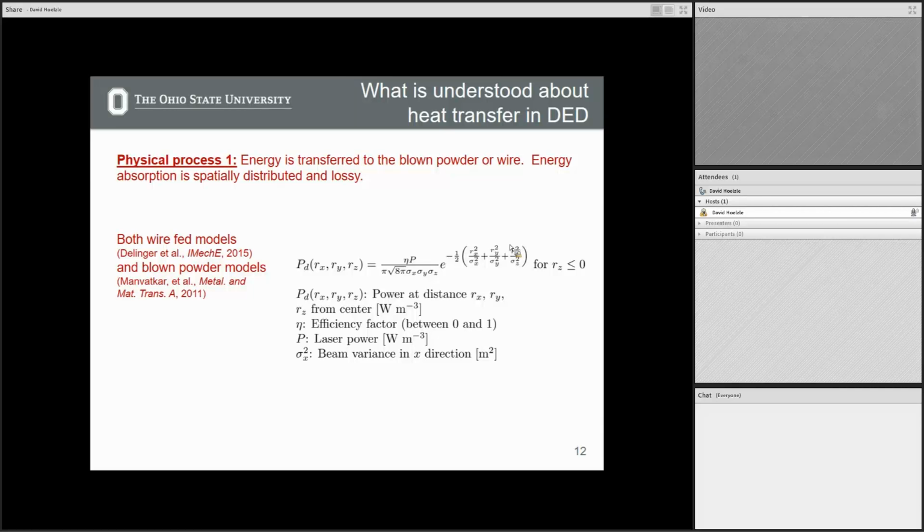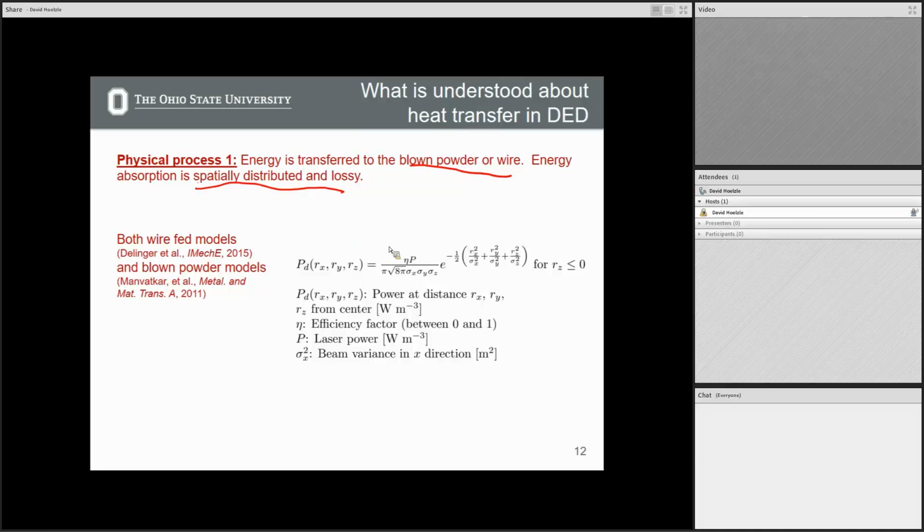It's not too big of a distinction, but basically what you first have is some sort of energy transfer, and it's transferred to the blown powder or wire, and it's spatially distributed. Right? So this is almost a verbatim copy of the slide from powder bed fusion. This is the case in both wire-fed models and blown powder models. I'm just giving two citations here. There are many examples of this.